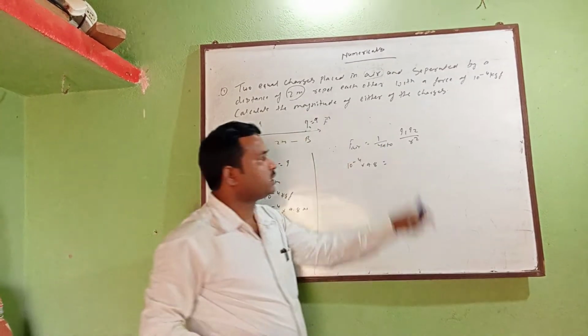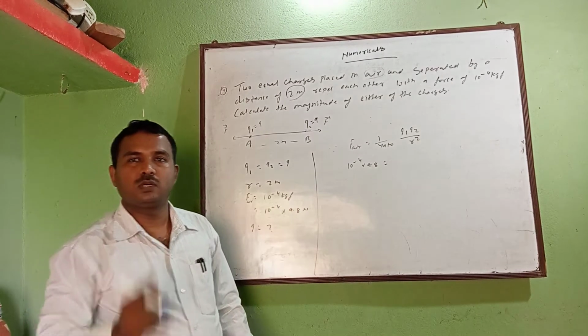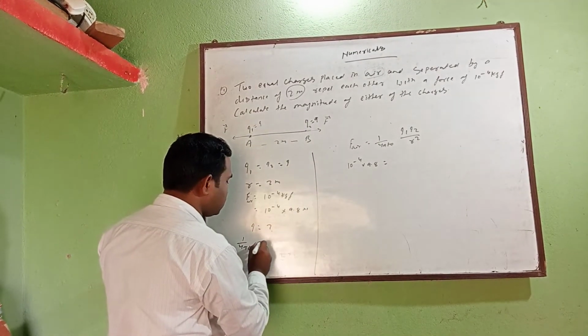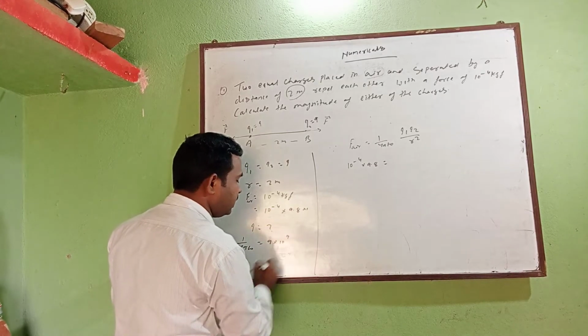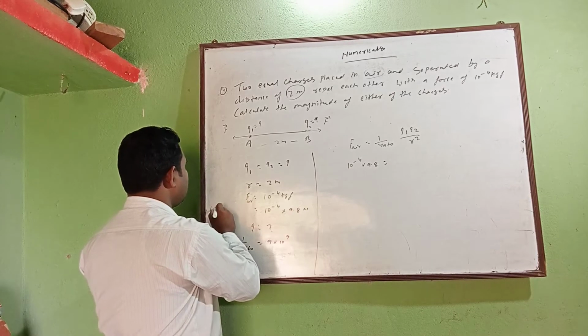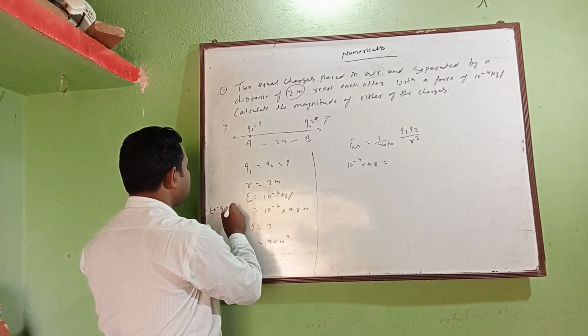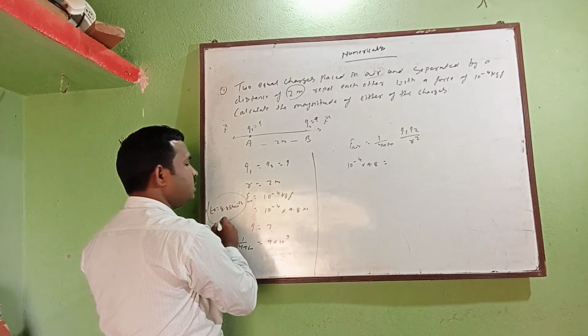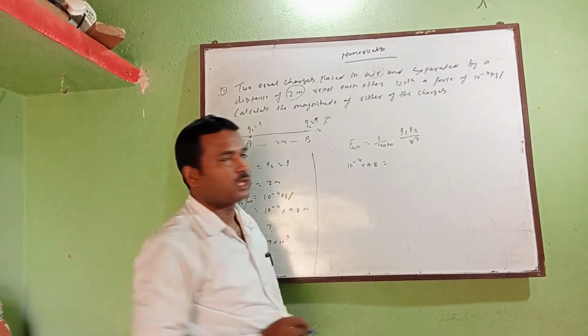What is the value of 1 by 4 pi epsilon naught? You can write 1 by 4 pi epsilon naught equal to 9 into 10 to the power 9, because epsilon naught equals 8.854 into 10 to the power minus 12 Newton meter squared per Coulomb squared.